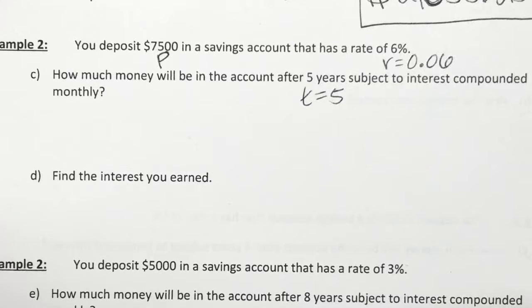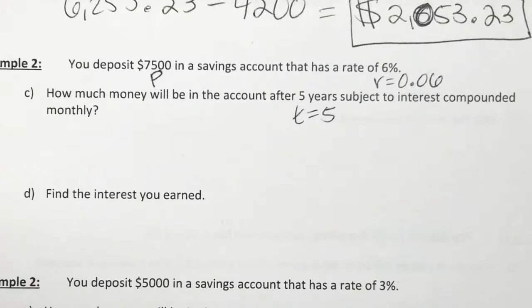Somebody help him out. So N is 12 because there's 12 months in a year.